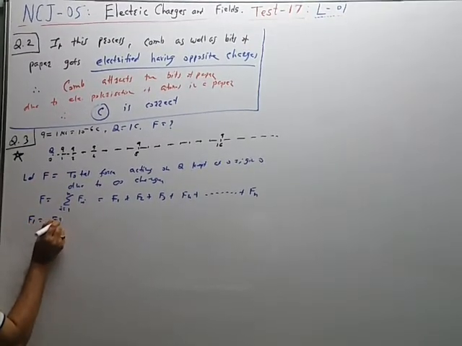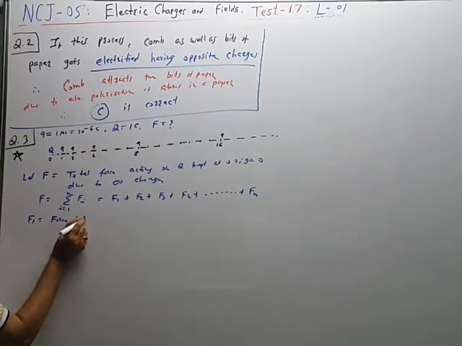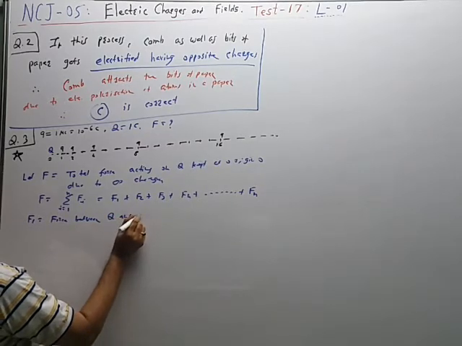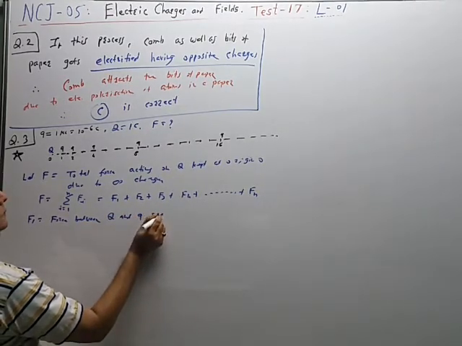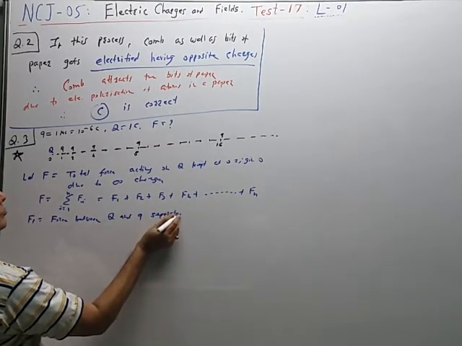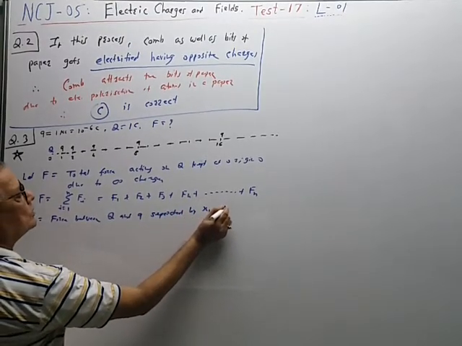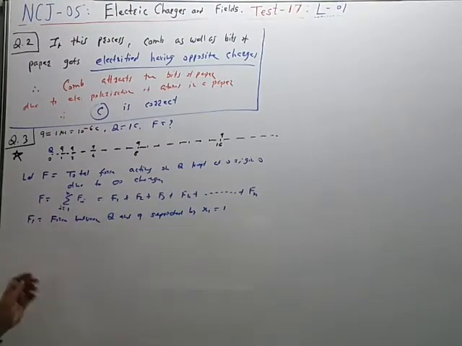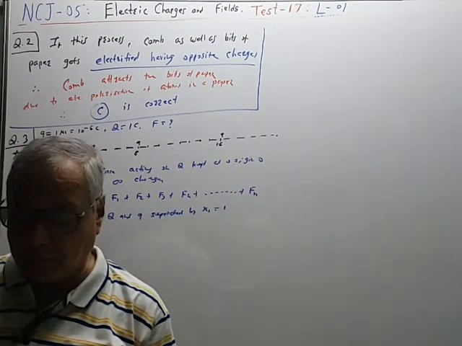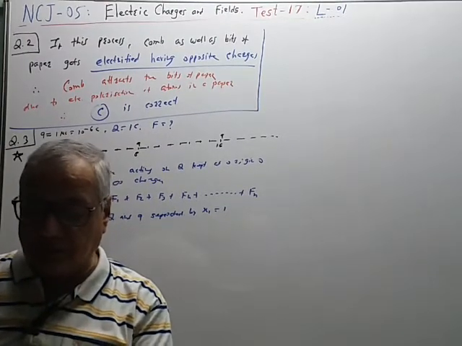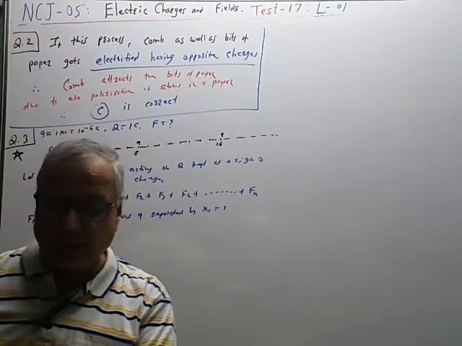F1 is the force between Q and q, separated by x1 is equal to 1. Distances are in meter, only coordinates are given.